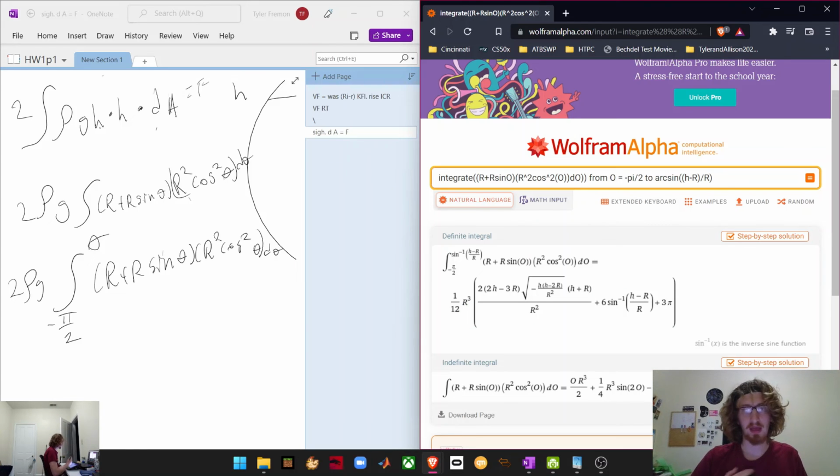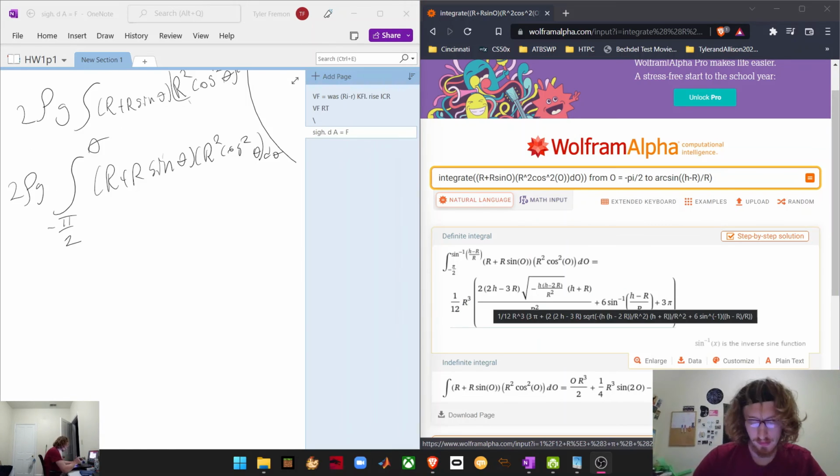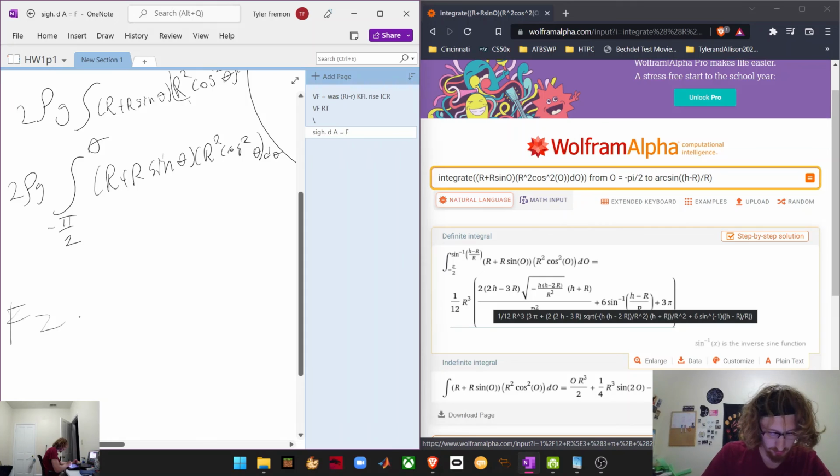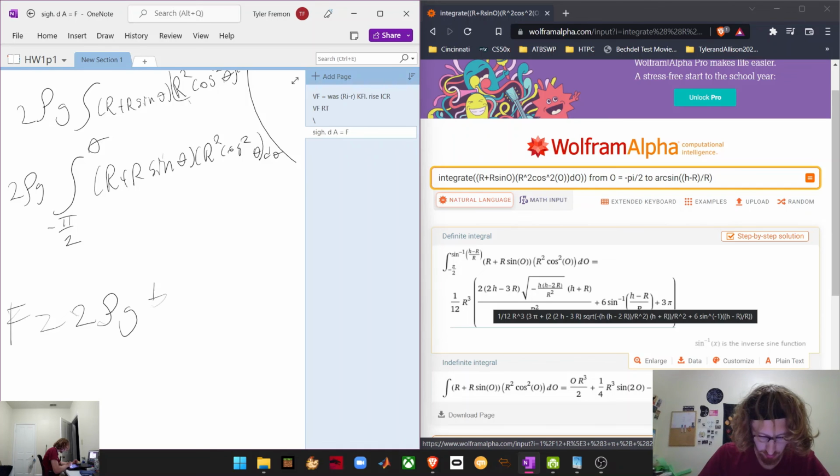We just have to plug back in our 2 rho g. So force is going to be equal to 2 rho g times 1/12 r cubed. And then obviously this 2 and 1/12 we can just combine to 1/6.